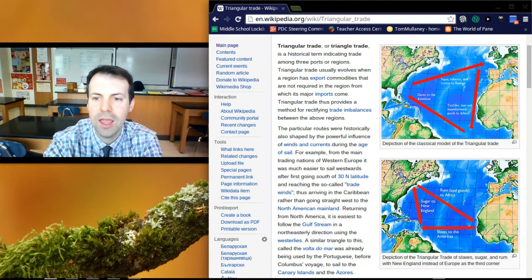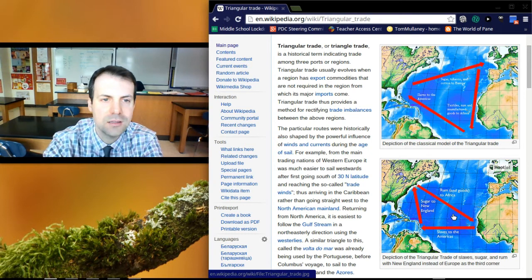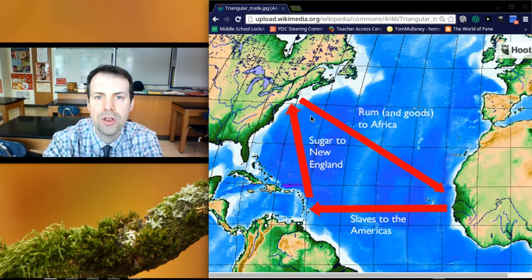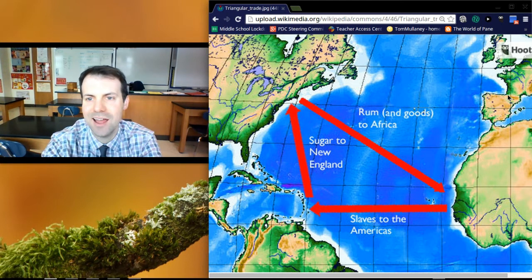And so here we have the triangular trade when we talk about New England and slavery. This is what we read about yesterday after the notes, where New England is the other vertex, excuse me, let me be correct mathematically. New England is the other vertex, not Europe.